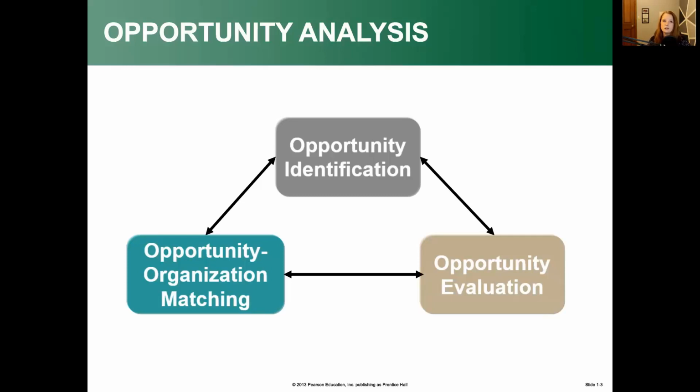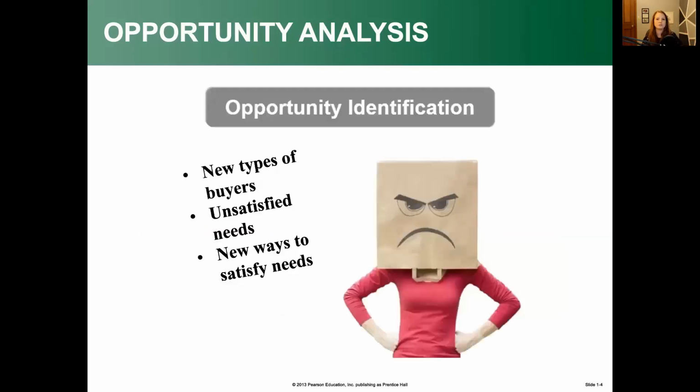We are going to go a little bit more in depth on this and talk through each of these different processes. The first one is opportunity identification. The 3 main types of opportunity identification are finding new types of buyers, finding unsatisfied needs of buyers, or creating new ways or means for satisfying those buyer needs.